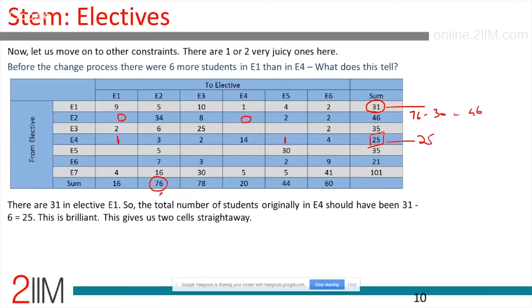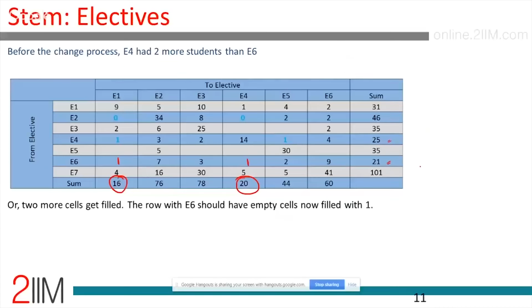And E4 had 2 more than E6 originally, so E6 should go to 23. This is 1, this is 1. So we've got 6 out of the 12 cells already in our bag. Wonderful. This total goes to 21, and this total is at 18. The rest we can add layers onto, find the totals and stick them in, and dot the i's and cross the t's. But we've got 6 cells so far.